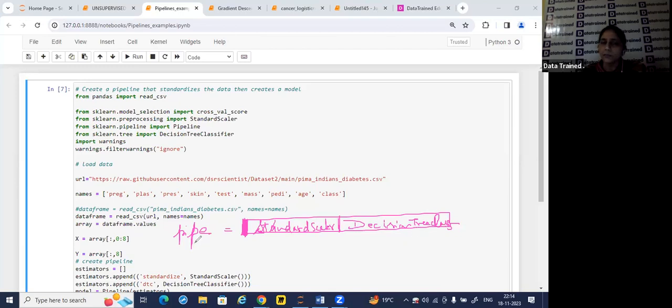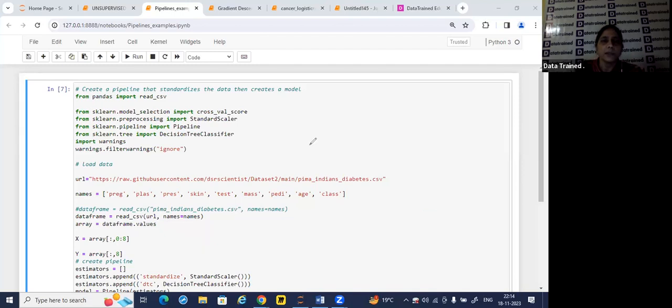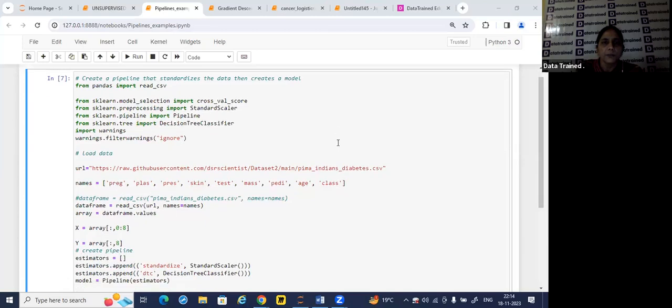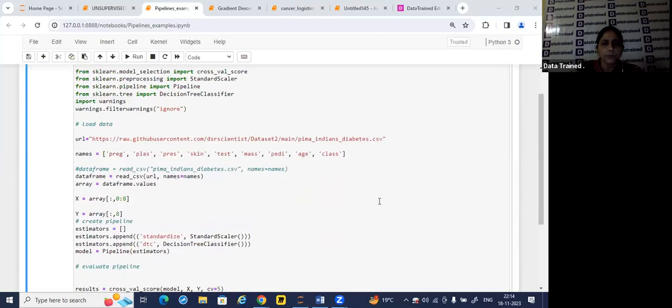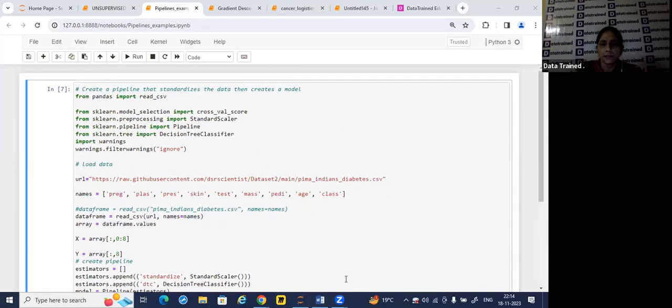So here we can make a pipeline, and this pipeline could have input and output data. For an example, I'm taking a very simple example. See this data: I just created a pipeline that standardizes the data, then creates a model.